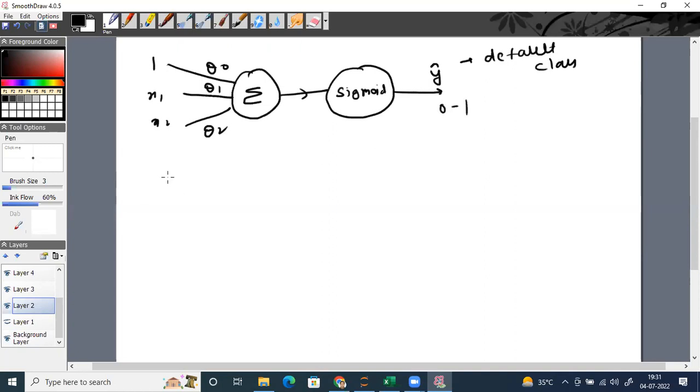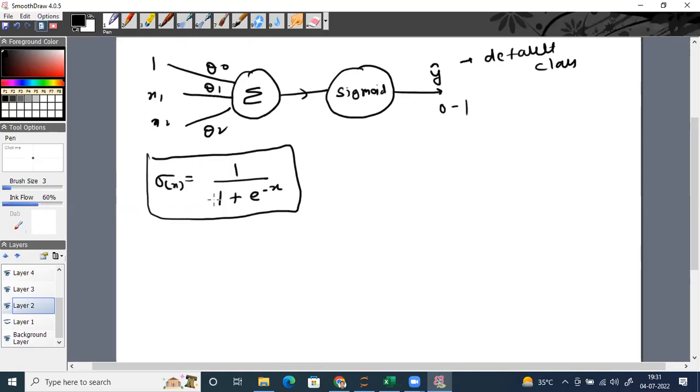The sigmoid function is represented by sigma, and its value is given by 1 upon 1 plus e to the power minus x. Suppose sigmoid is a function of x, this is the definition of the sigmoid function, and its value will always lie between 0 and 1.